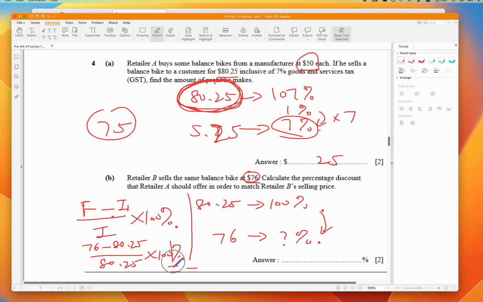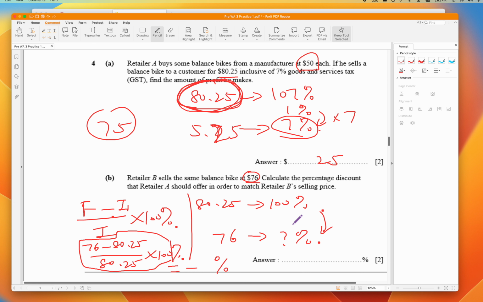You are not supposed to key in the percentage out, because your percentage is on its own. You need to key this into the calculator only. I feel I calculated wrongly. Never mind. You just do 76 minus 80.25. Do it step by step.